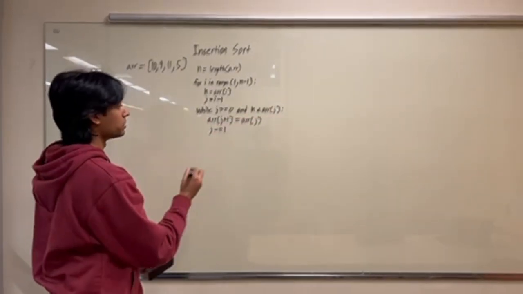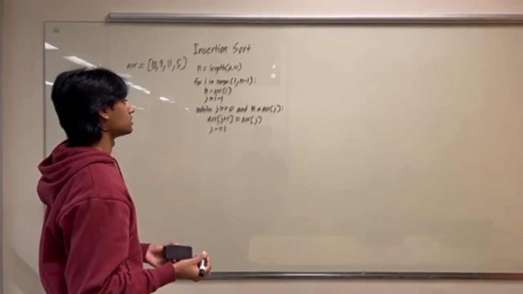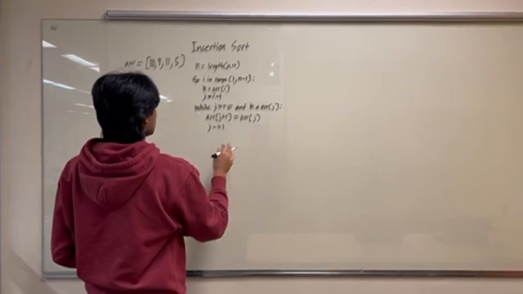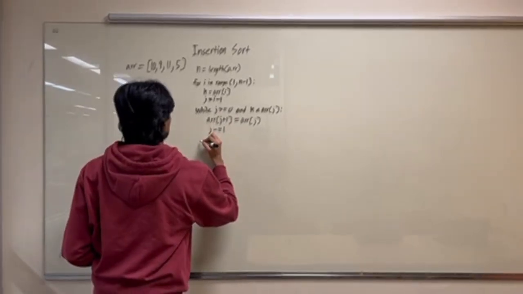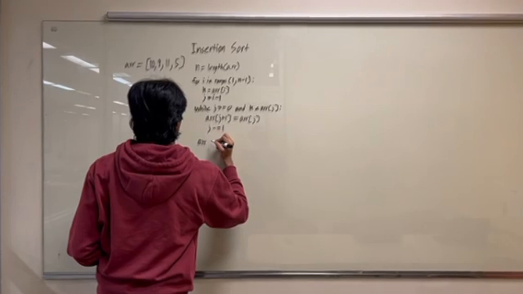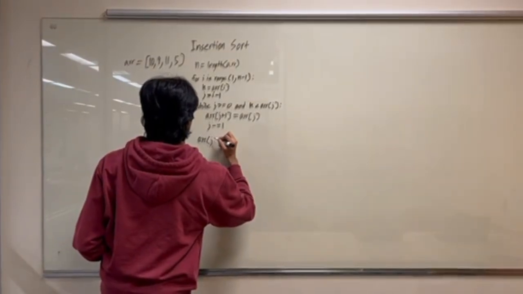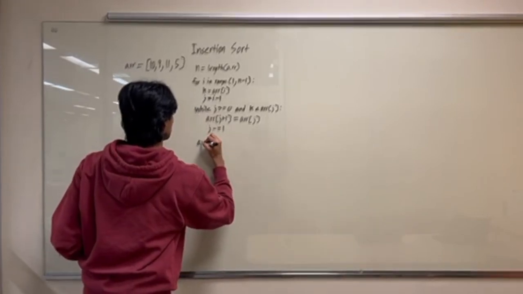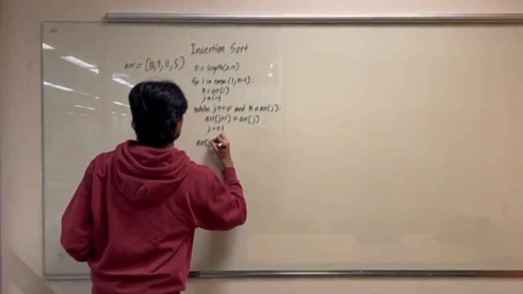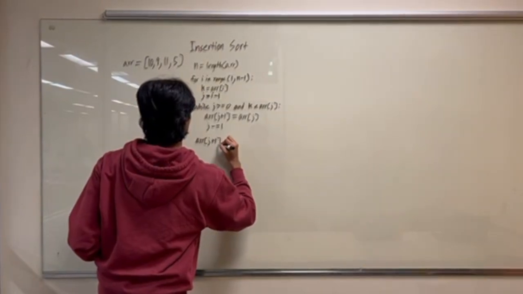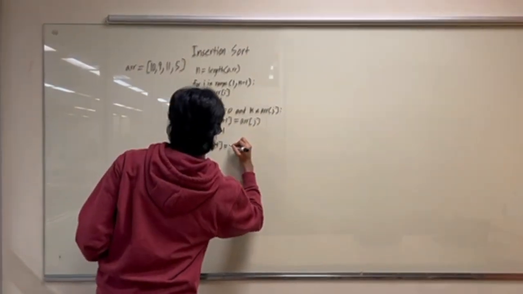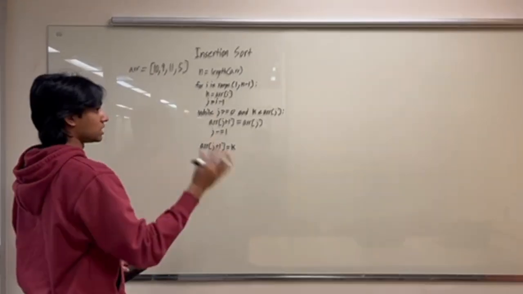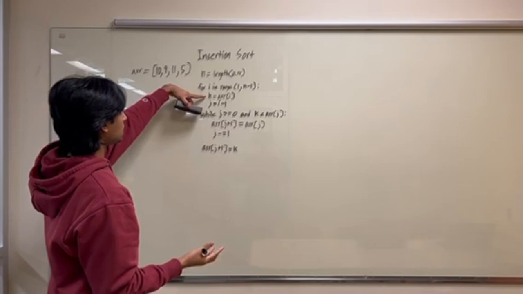So we need to keep going through the list until we find a value where k is less than array[j]. And once that happens, we exit our while loop, and we're going to have to do array[j+1] equals k. And this is essentially swapping the second element back to whatever we have stored in k.